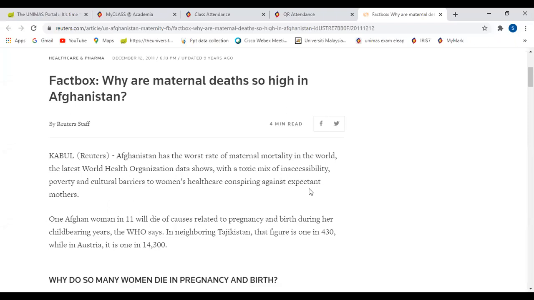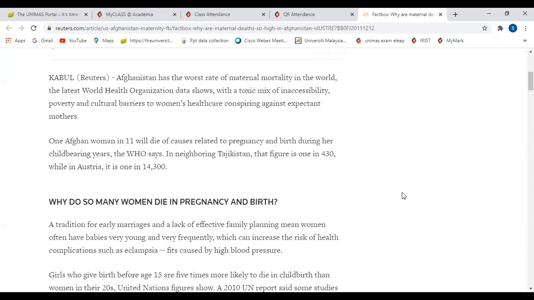perempuan yang expecting, mengandung. So for example, one woman in Afghanistan, 1 in every 11 women of reproductive age will die of causes related to pregnancy and birth during her childbearing years, according to WHO.